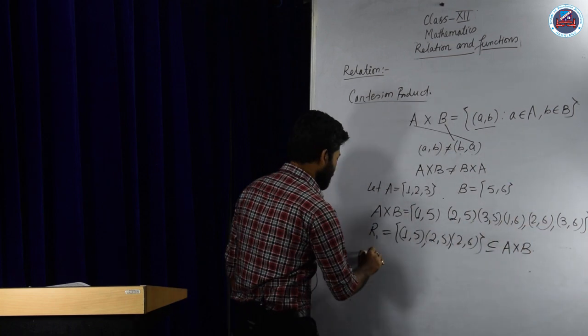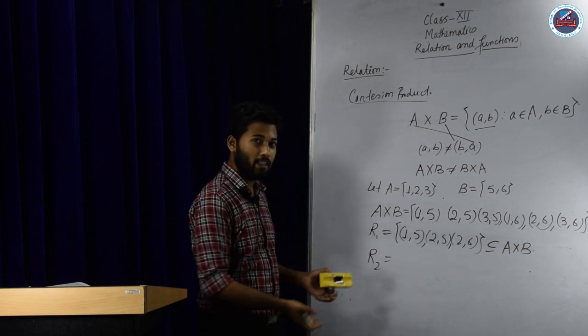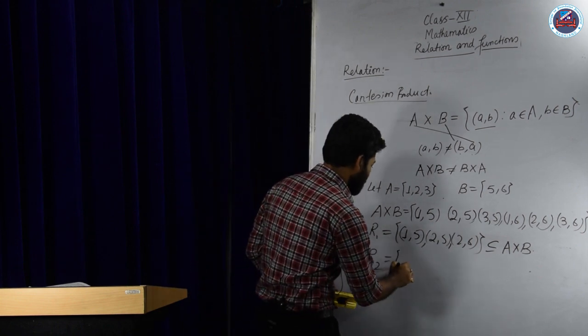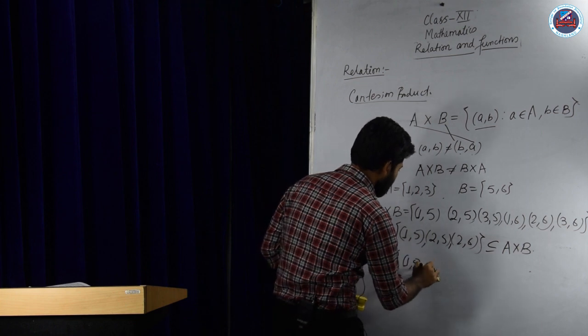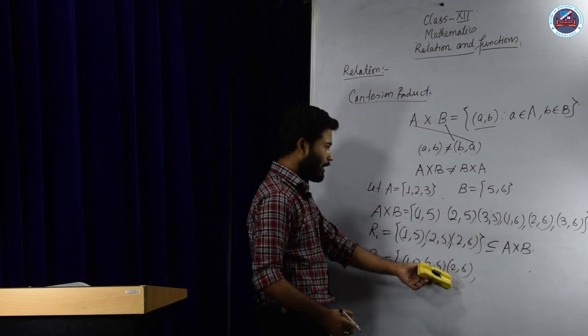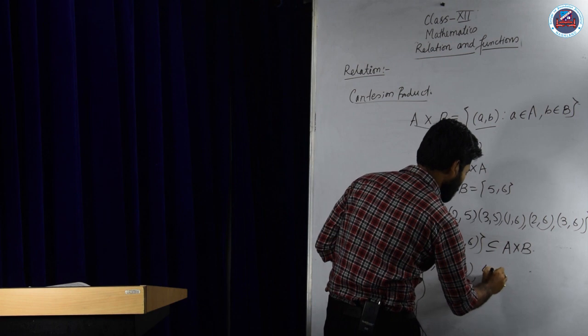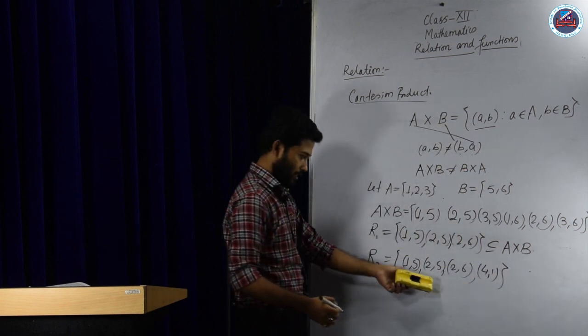Now, let me define another relation. Let us see whether it is a relation or not. (1, 5), (2, 5), (2, 6), and I am adding one more element from my own assumption, like (4, 1). Now, is it a relation?